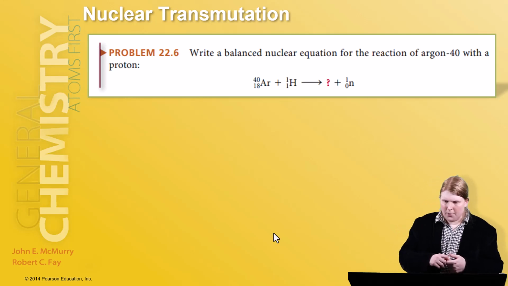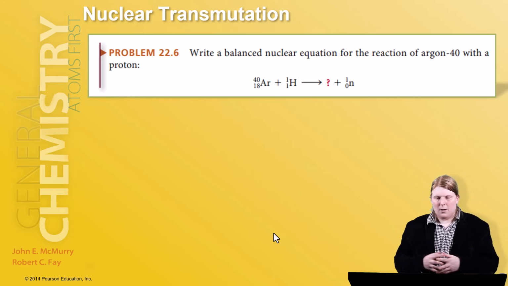Okay, so here's another example where we've got argon plus a hydrogen nucleus, and we're going to release 1 neutron here. So we know that the mass overall is going to have to be 40 on the right side, okay? And we know that we will need to get 19 on the bottom so that the sums on both sides will work. So we know we've got a mass of 40, and we know that it's number 19.